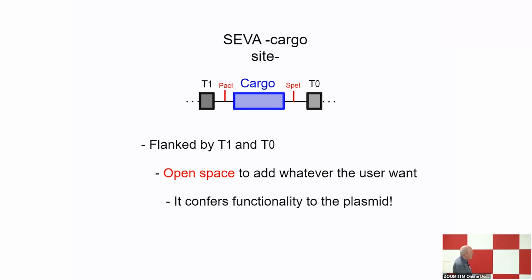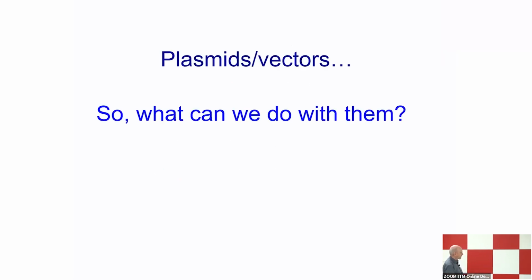So you have some transcription going into the cargo from one side or the other, then these terminators will attenuate the effect of this flanking transcription, but will not eliminate it completely. But in any case, apart from the cargo, we maintain here two fixed restriction enzymes, PacI and SpeI, that we can use for different purposes to confer functionality to the plasmid at the end.